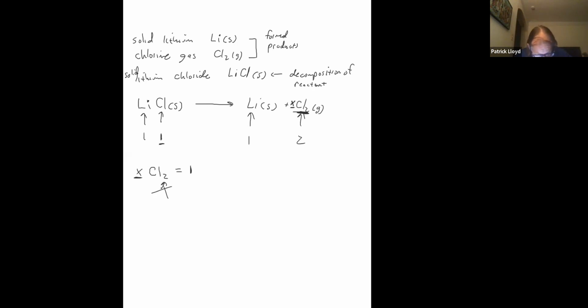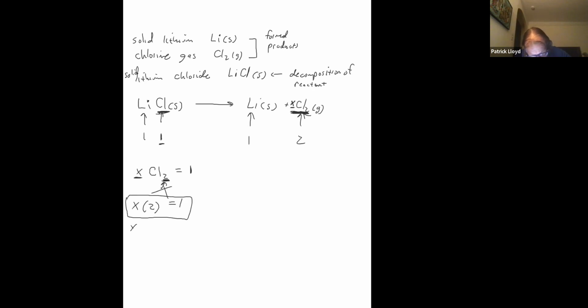So here's what I'm going to do. We've got a subscript here. So X times the subscript, we want that to be a 1 because we already have a 1 over here. So we want this to be 1. Okay, well, what would I do algebraically? If I said X times 2 is equal to 1, what would X be?